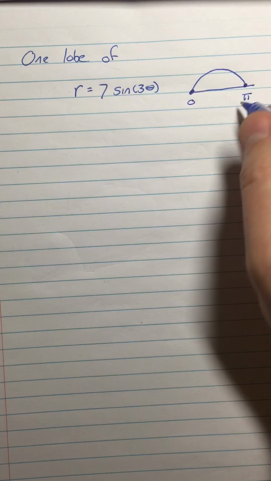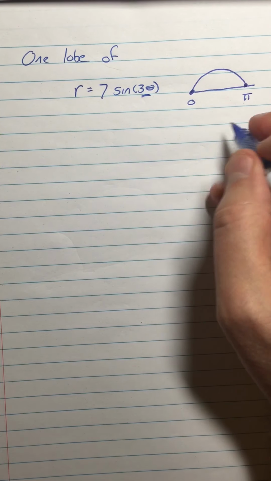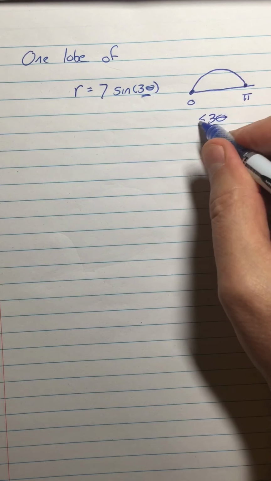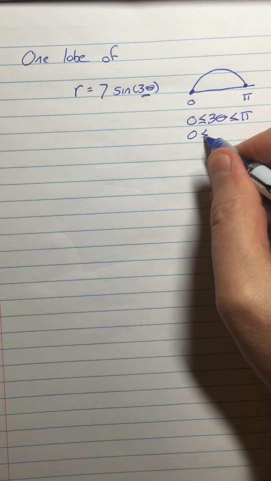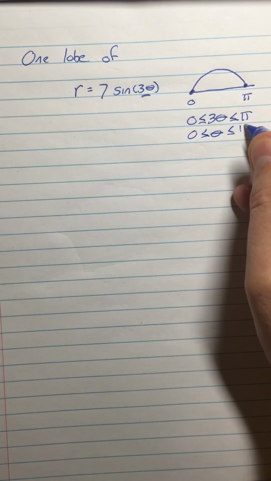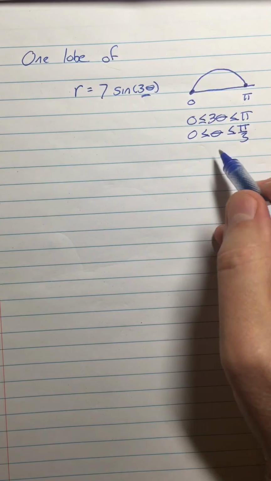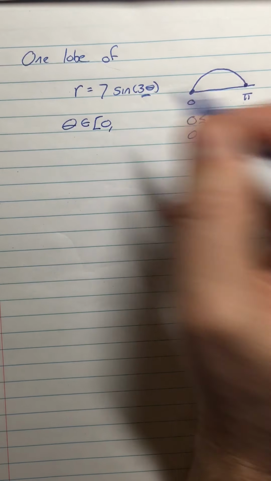So what has to happen is that our argument of sine, that's what the inside is called, the argument, is 3 theta. That has to be between 0 and pi. So that also gives you that 0 is less than or equal to theta is less than or equal to pi over 3. So that's how we can figure out that for that first lobe, what we really need is to know that theta is going from 0 to pi over 3.